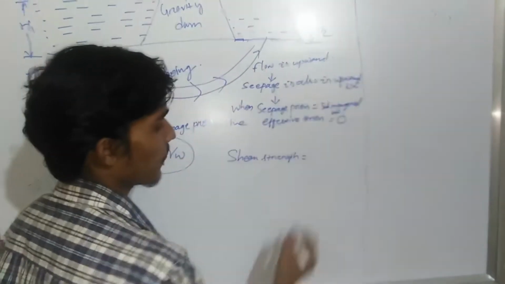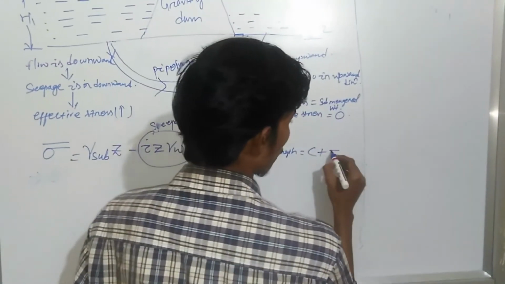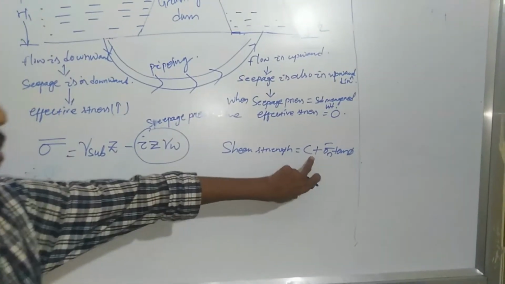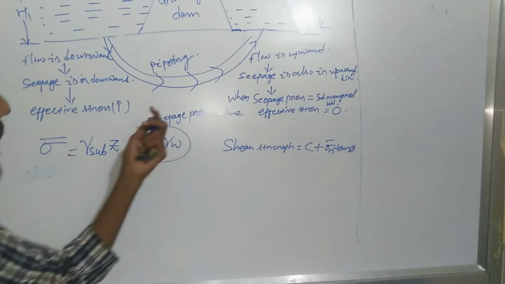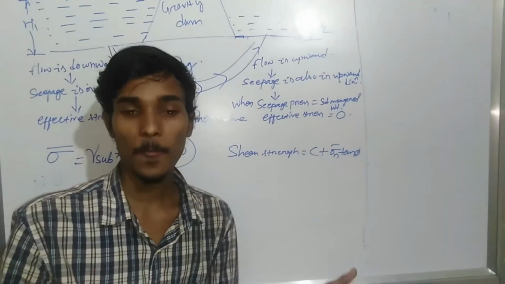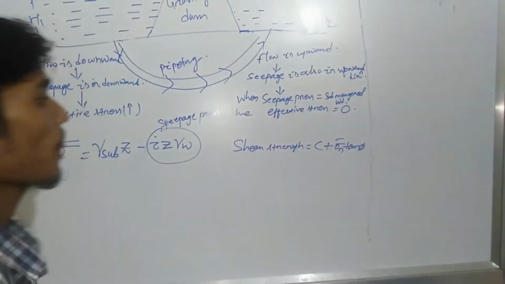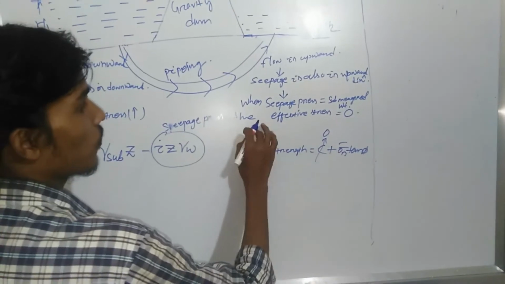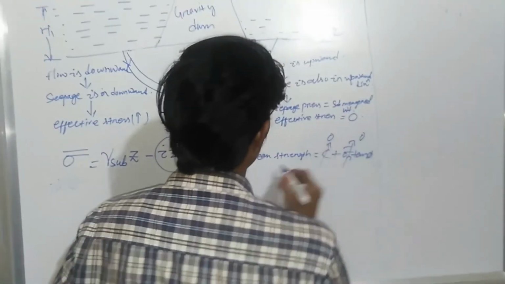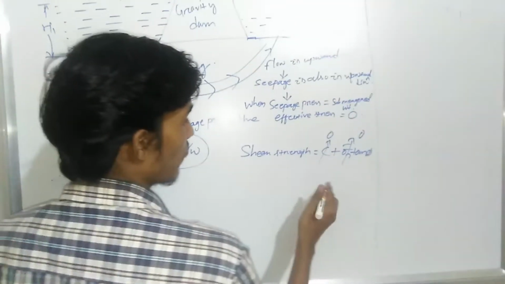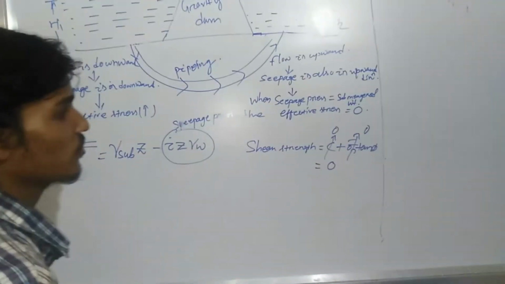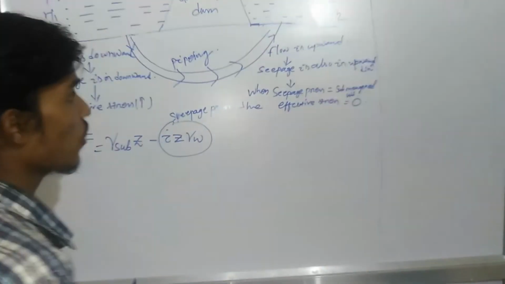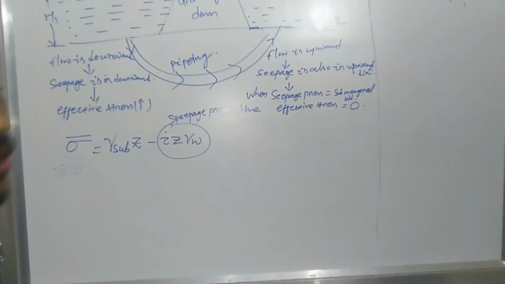Shear strength is C plus sigma bar tan phi. Quicksand condition occurs in cohesionless soil or coarse silt, so the value of C is 0, and here the effective stress is also 0. So the shear strength in this cohesionless soil is 0. When the shear strength is 0, the soil starts flowing with the water.